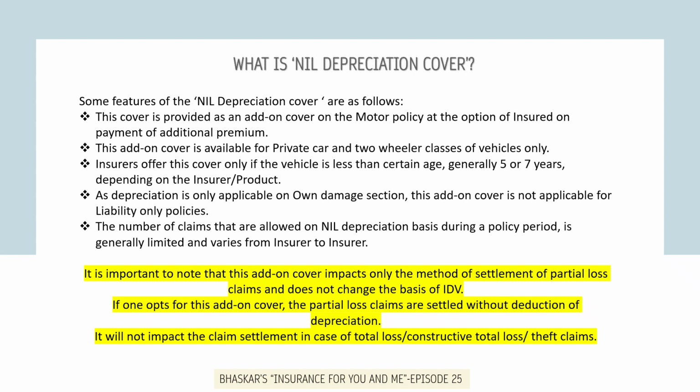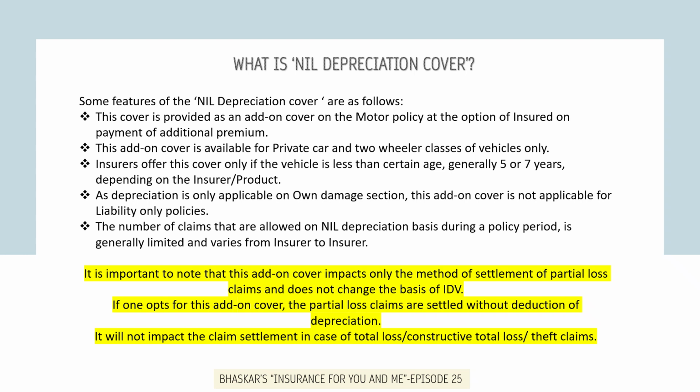Some features of this nil depreciation cover are: this cover is provided as an add-on cover on the motor policy at the option of the insured on payment of additional premium, and this is available for private car and two-wheeler classes of vehicles only. The insurer offers this cover only if the vehicle is less than a certain age, generally 5 years or 7 years, depending on the insurer or the product.